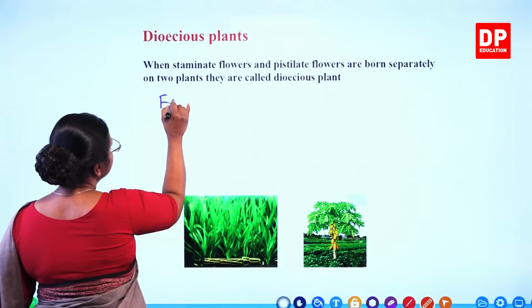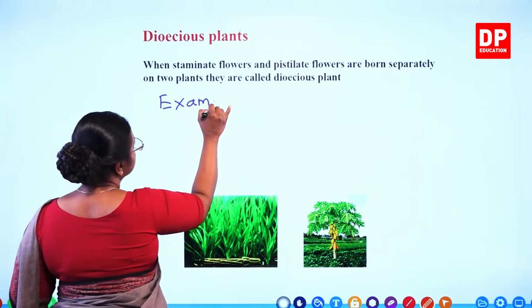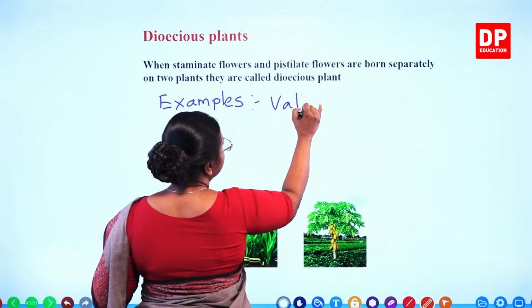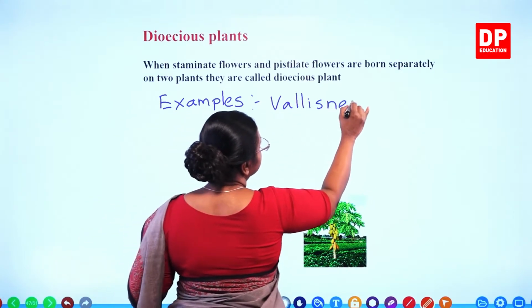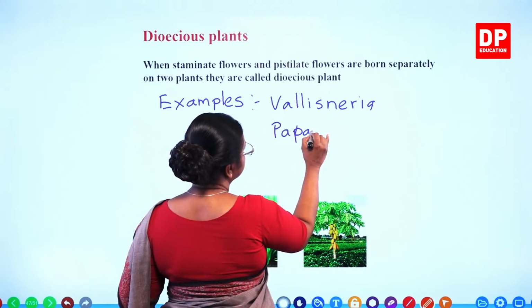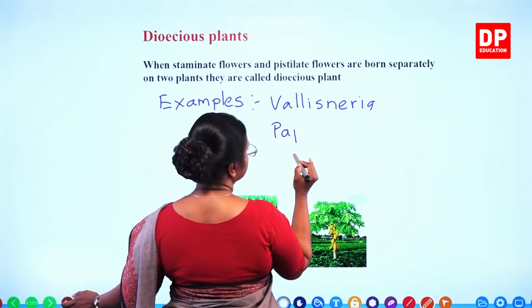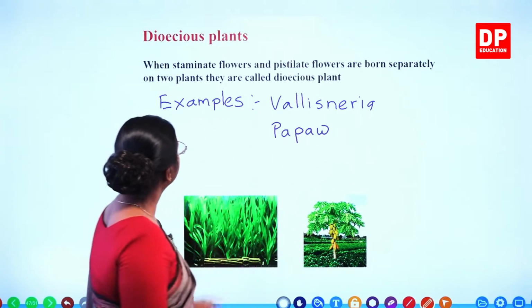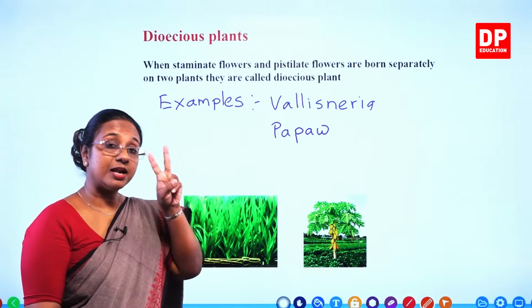So those are the dioecious plants. There are two plants.